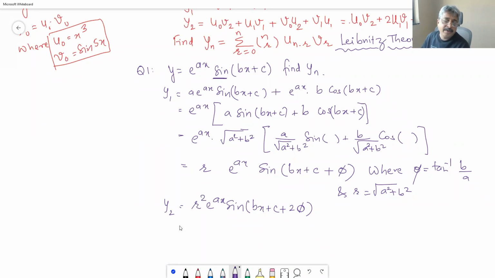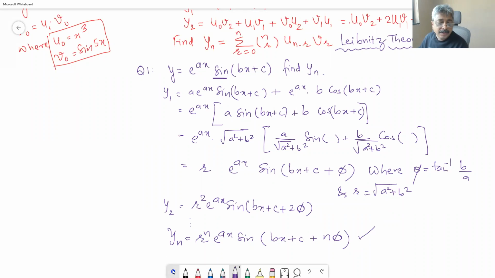This is second derivative, therefore yn is equal to r raised to n e raised to ax sine bx plus c plus n phi, where phi is tan inverse of b by a and r is radical a square plus b square.